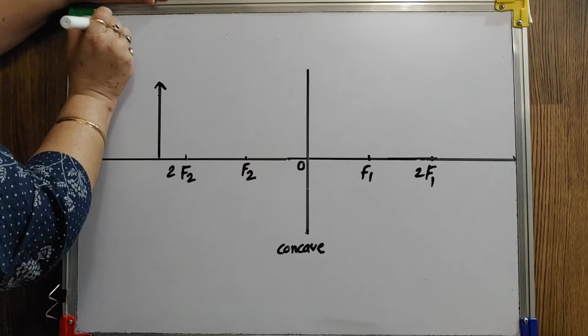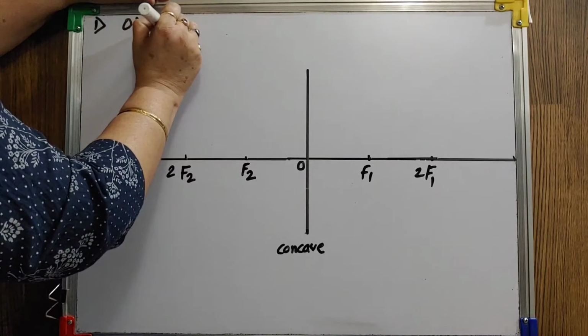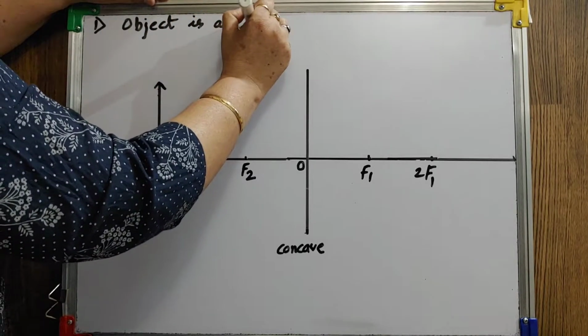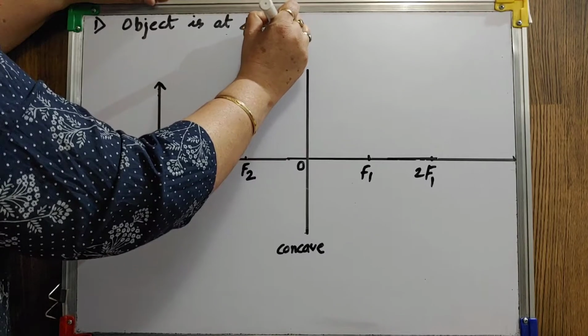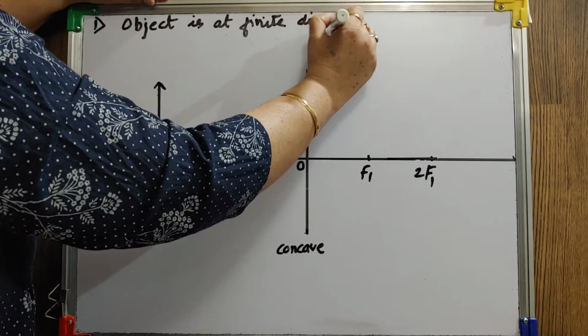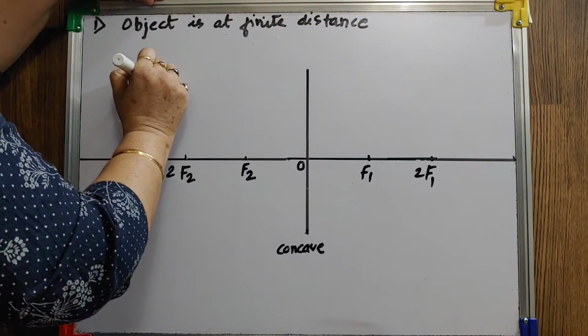So I can consider this position, where the object is at a finite distance. Now the basic part will remain the same.